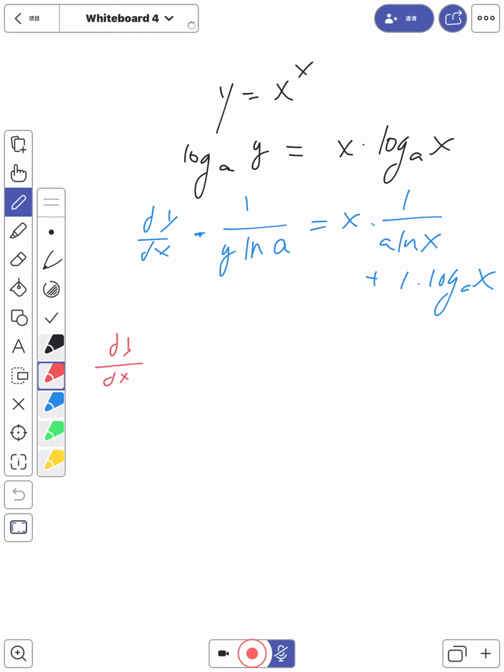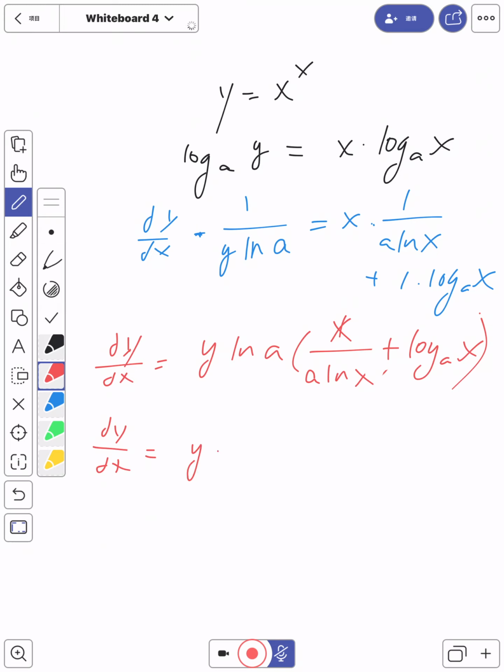So dy over dx is equal to y ln of a times (x over x ln a, plus log base a of x), which you'll get the same result because you can manipulate the logarithms.